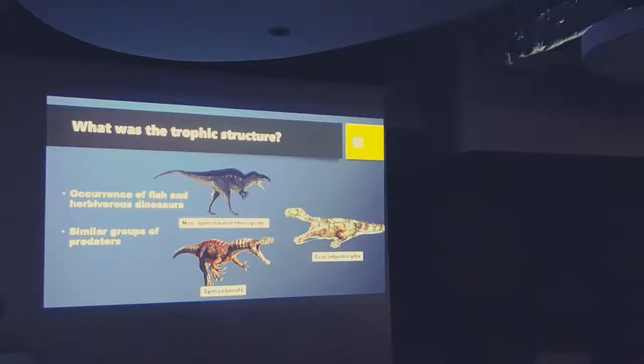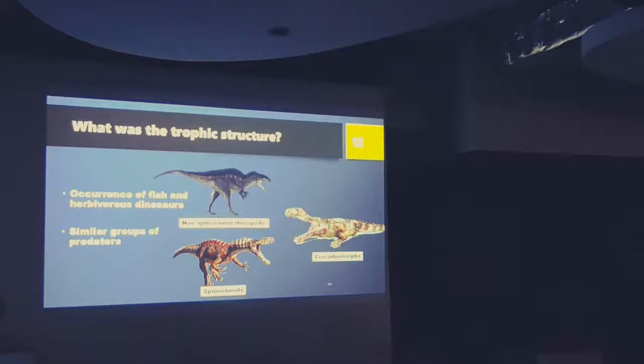If you are not familiar with this concept, you can basically imagine a T. rex-like dinosaur. There are also some crocodylomorphs, crocodiles that could be really huge. For example, at Gadoufaoua, we have Sarcosuchus imperator, one of the biggest crocodiles that have ever existed. This animal can reach 15 meters long, so it's a really big animal.